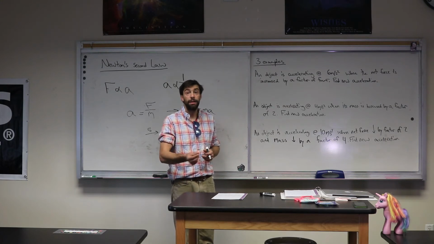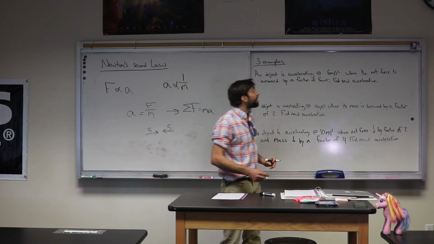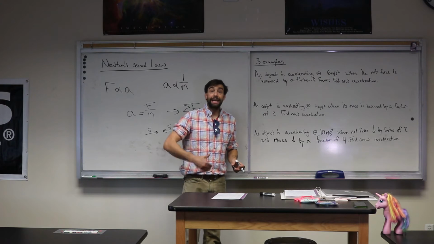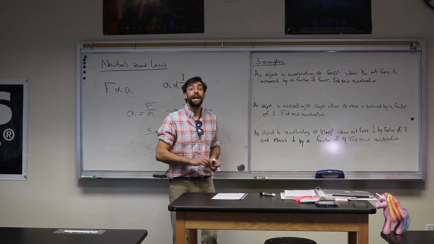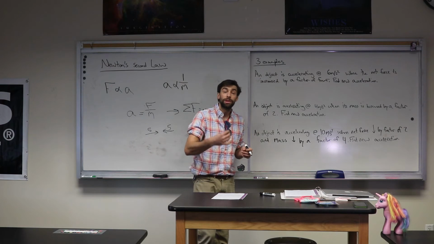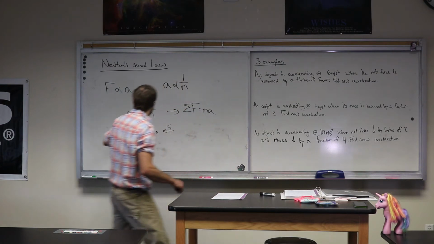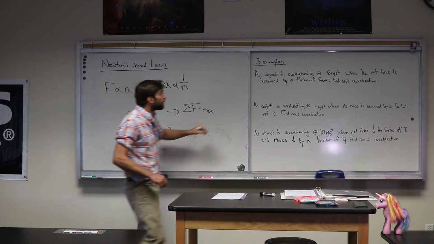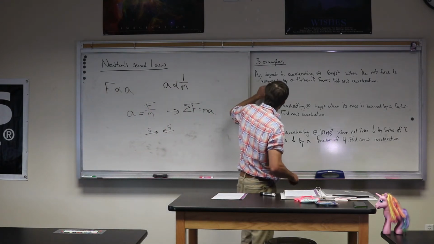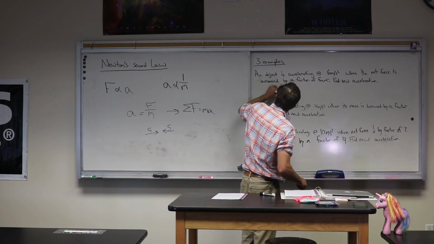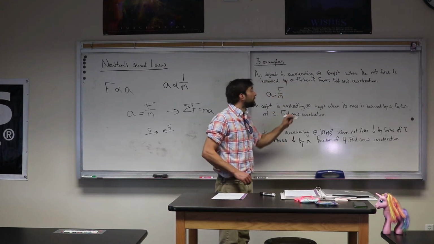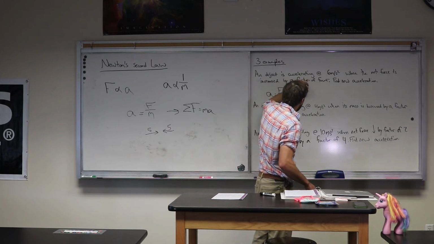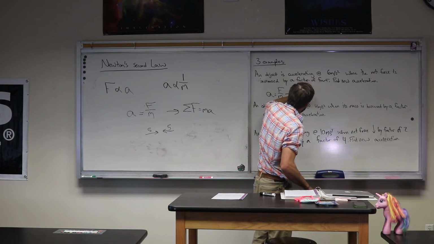So this first one says, an object is accelerating at 6 meters per second squared when the net force is increased by a factor of 4, or the force is increased 4 times. So we multiply the force 4 times over. I think it's easier in these problems to keep the equation like this, where we're looking at the acceleration. So my acceleration, and I'll rewrite this equation, a equals F over m, and acceleration is 6, equal to force over mass.